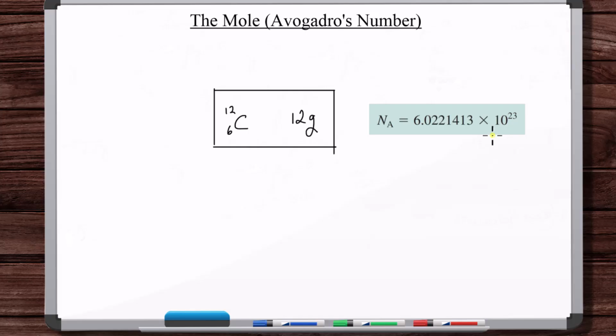Now, if you're like me, the first thing you probably think when you see this number is, how could we possibly obtain this estimate to this level of precision? There are examples of how incomprehensibly tiny atoms are, these mind-blowing examples. So how could we possibly get this estimate to this level of precision?